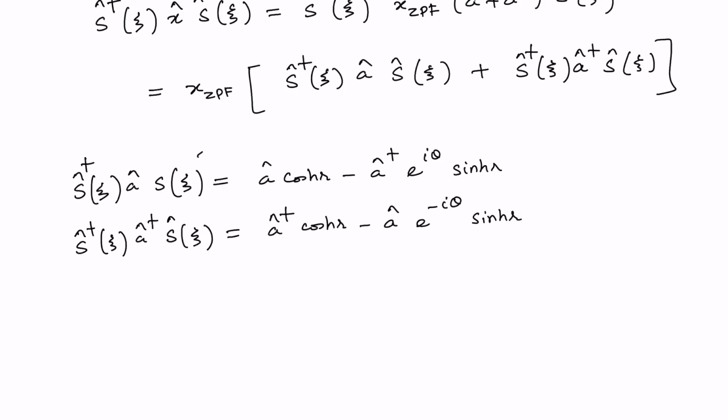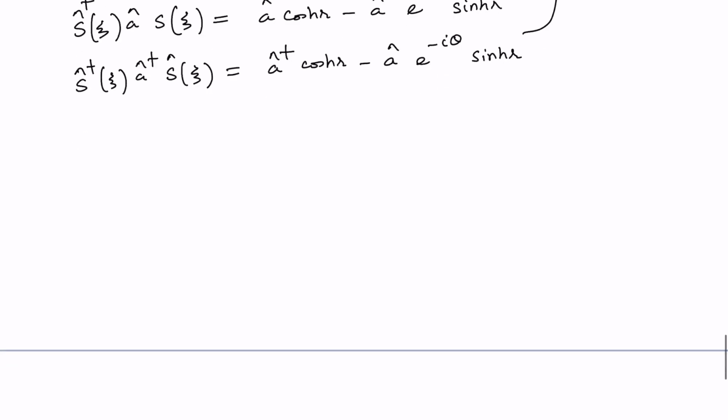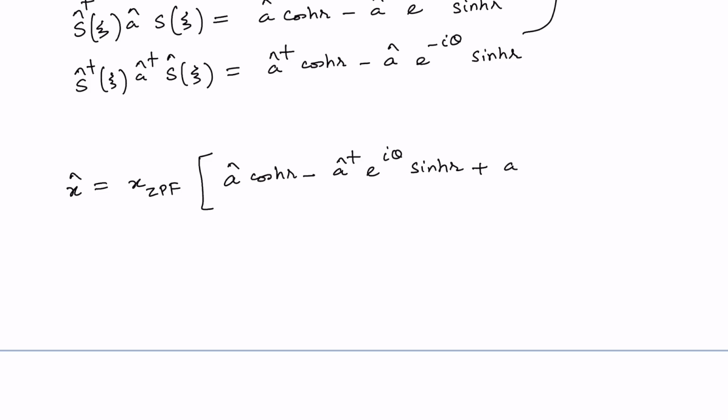Now let me put these respective expressions in here, and then I will get x is equal to x zero point fluctuation times a cosh r minus a dagger e to the power i theta sinh r, and then a dagger cosh r minus a e to the power minus i theta sinh r.